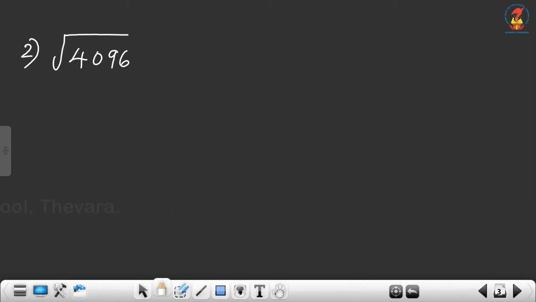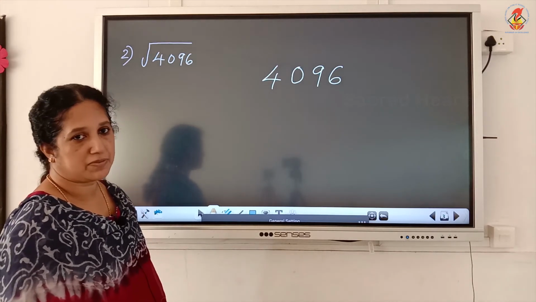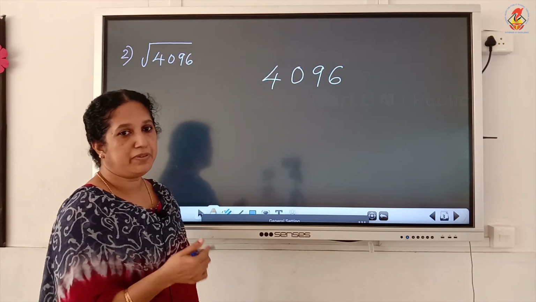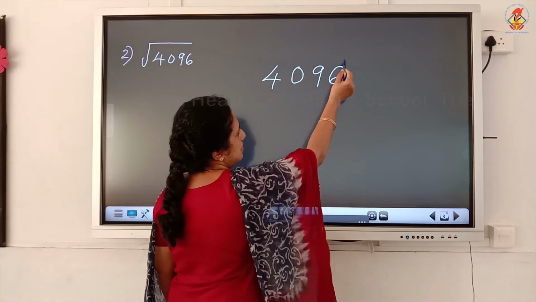Now I will consider the next number, 4096. We have to find the square root by division method. What is the first step? Place a bar over every pair of digits starting from the digit at ones place.